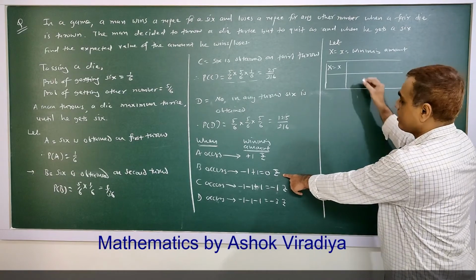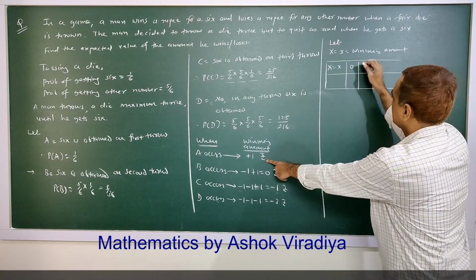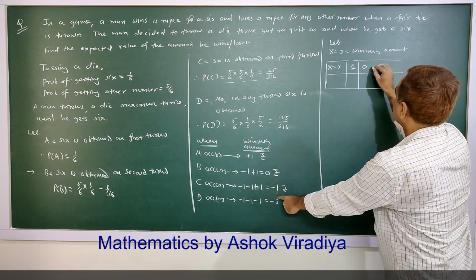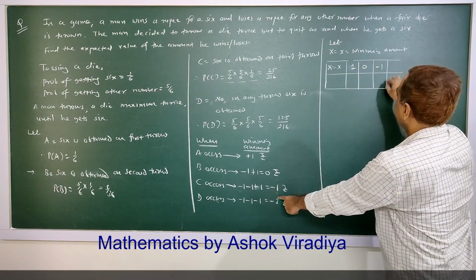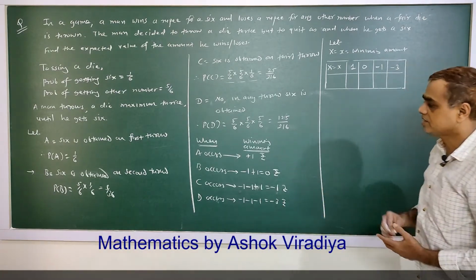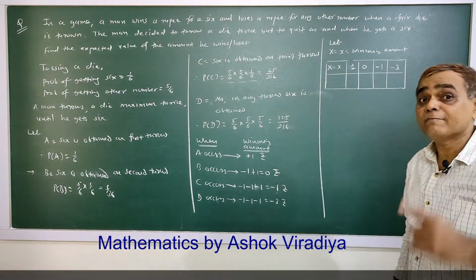Say here X takes value 0, plus 1, plus 1, 0, minus 1 and minus 3 rupees. These are values of X. Winning amount we are taking as random variable.